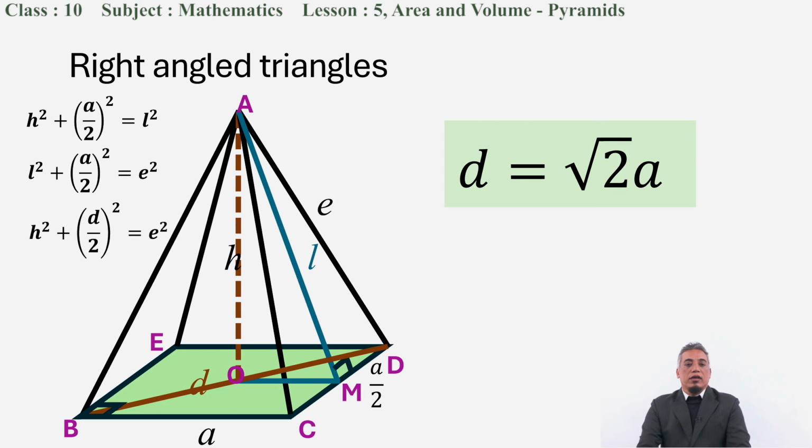And fourth right angle triangle is BCD. It lies in the base, it is half of the base, diagonal and two sides A, and this whole CD is also A. CD is also A, BC is also A, and this gives D equals to root under 2A.